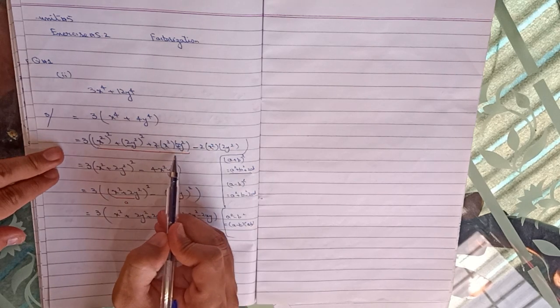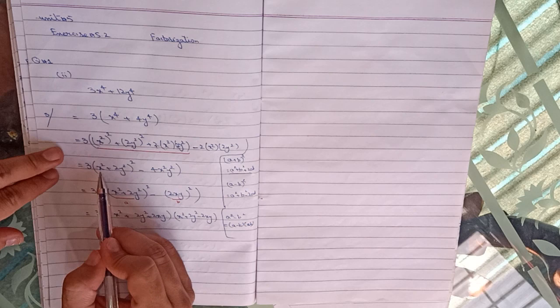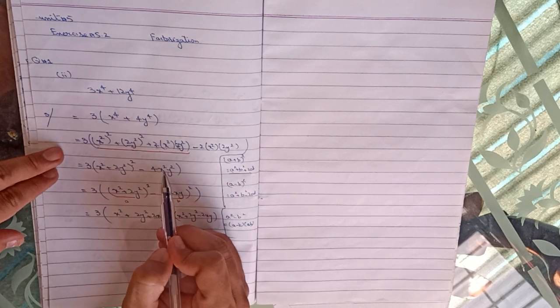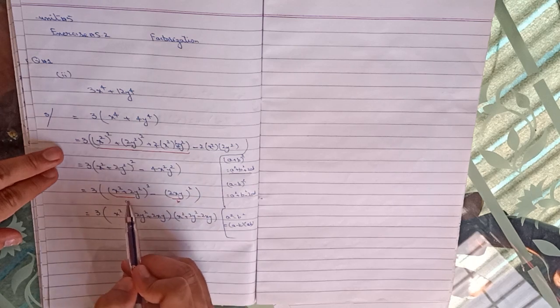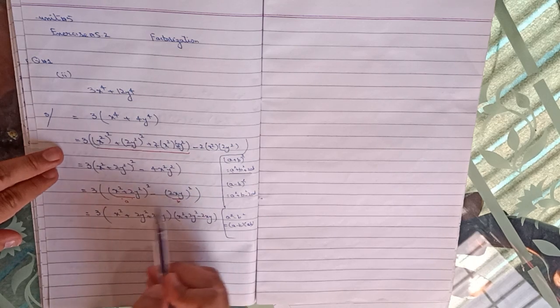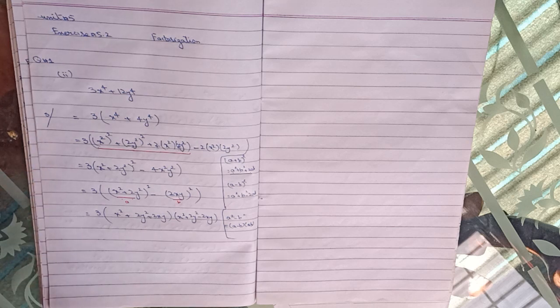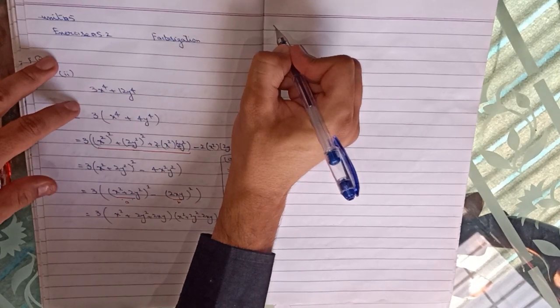The thing we are adding makes the complete formula of (x^2 + 2y^2)^2, and the thing we are subtracting becomes b^2, and we use a^2 - b^2 as (a + b)(a - b) and complete our factorization. So, and the next, the fourth part of this question, then we complete the question.